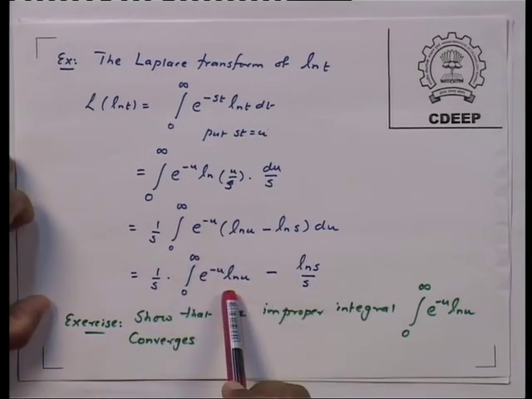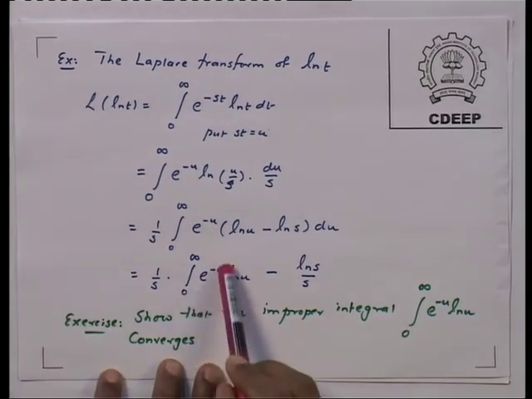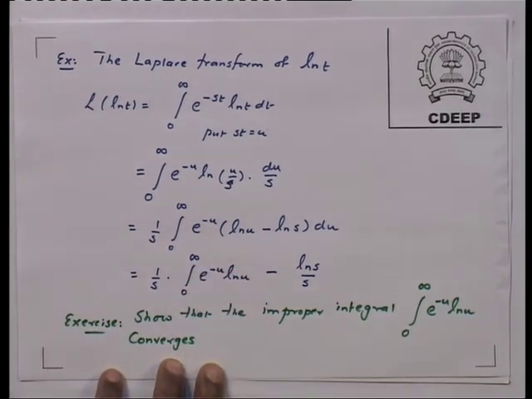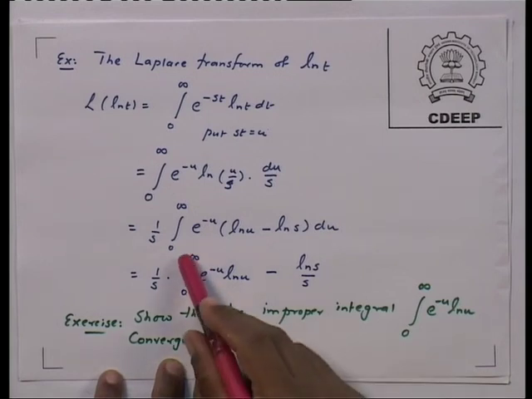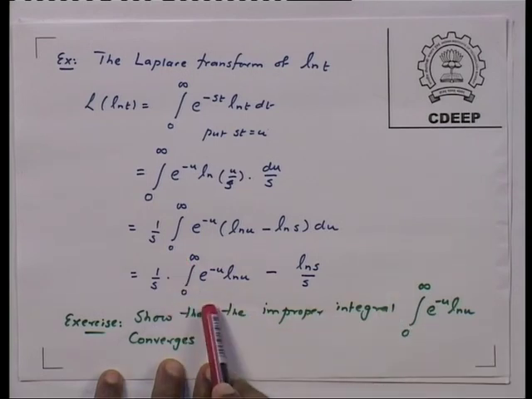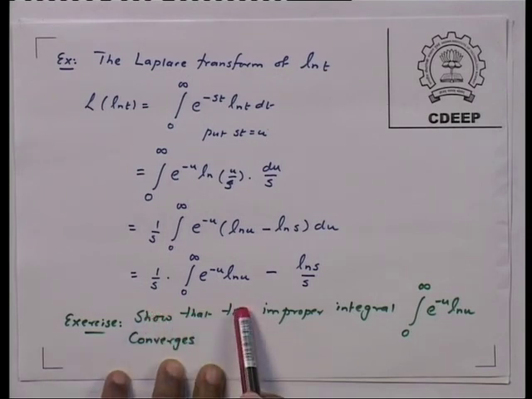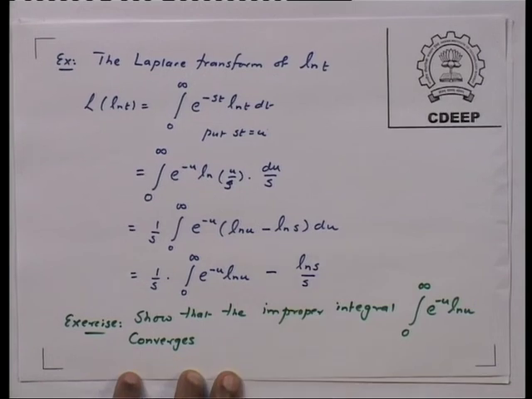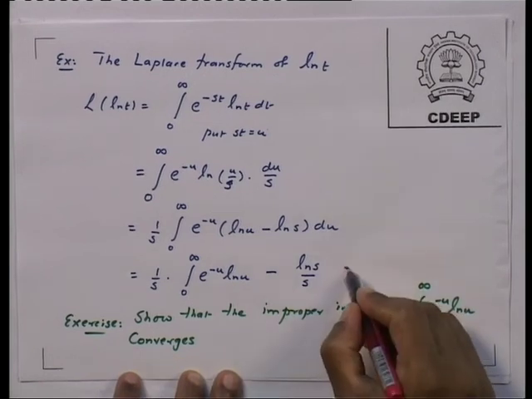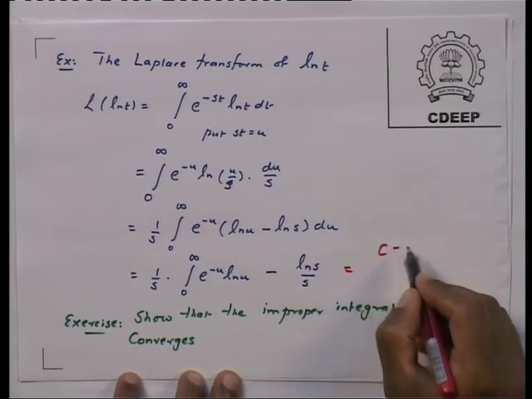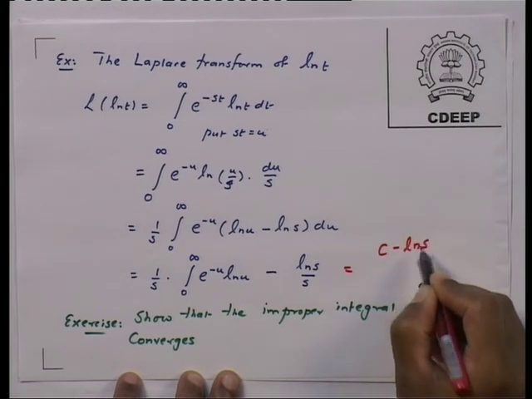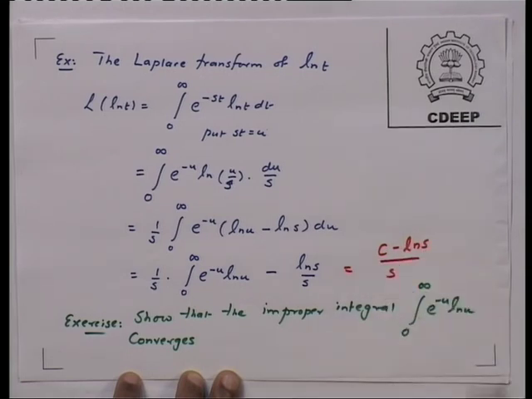So, the first integral does not involve any s at all, it is a constant. So, the Laplace of log t is constant upon s minus log s upon s.